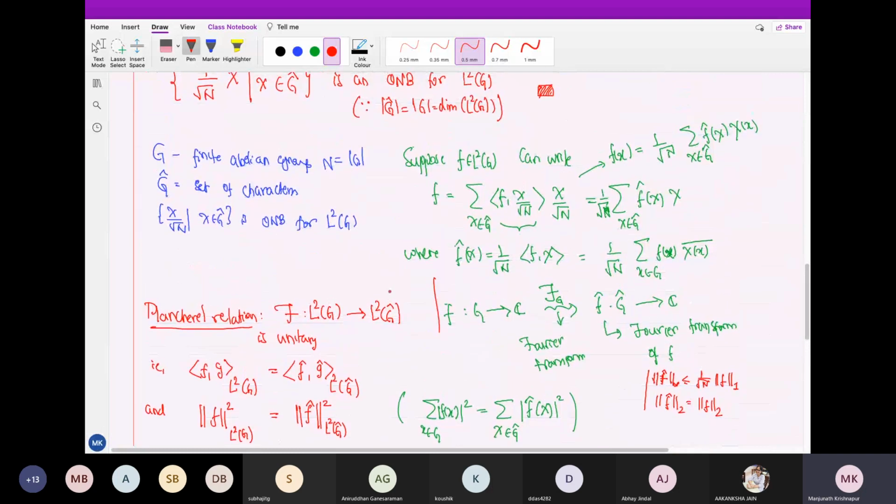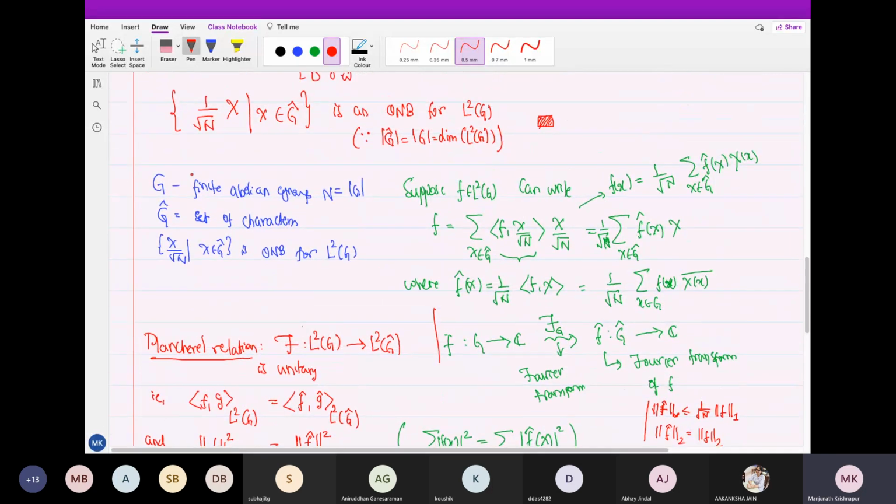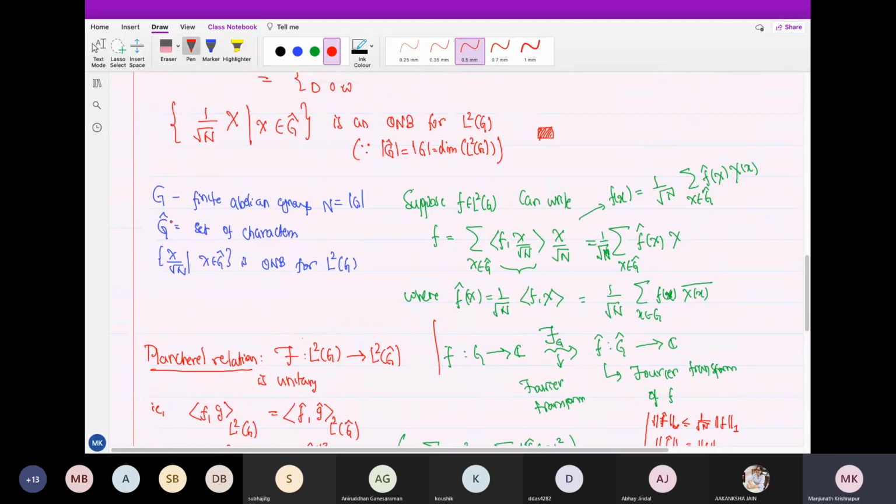What we did last time was, for any finite abelian group, we showed that the set of its characters, if it has n elements, then it has n characters, and if you scale by square root n, they form an orthonormal basis for L2 of G. We also defined the Fourier transform.